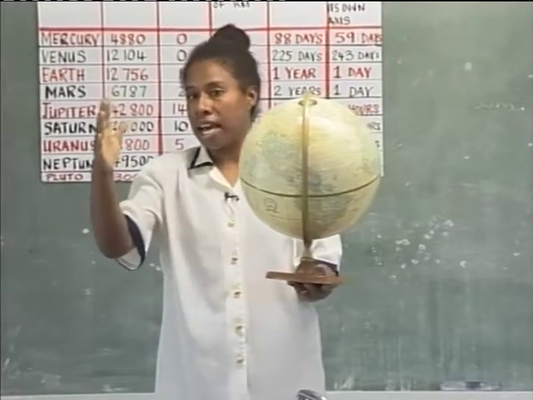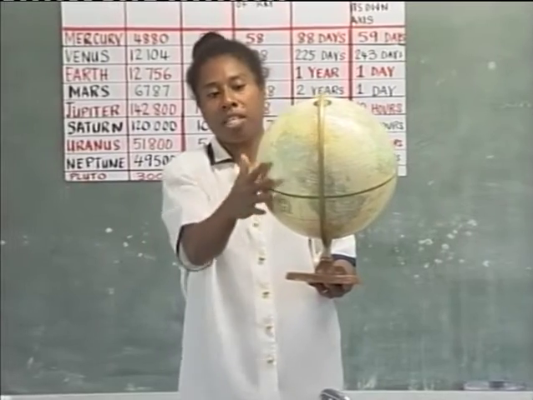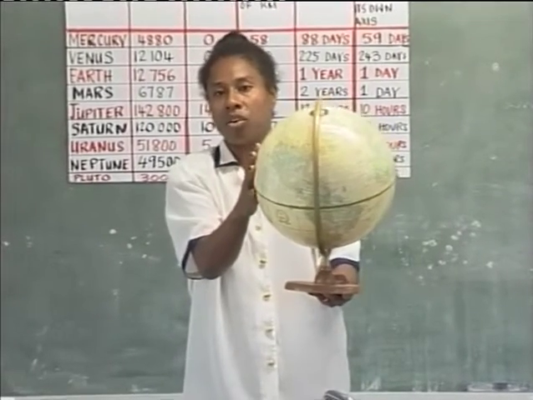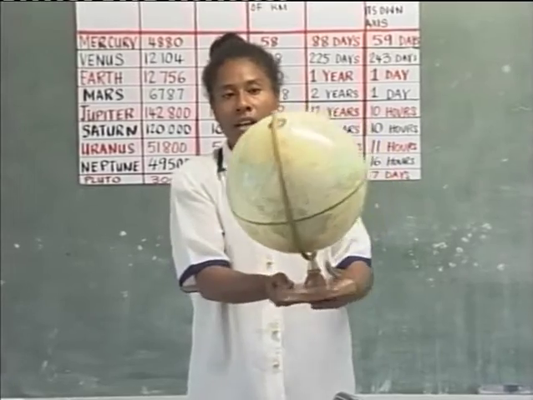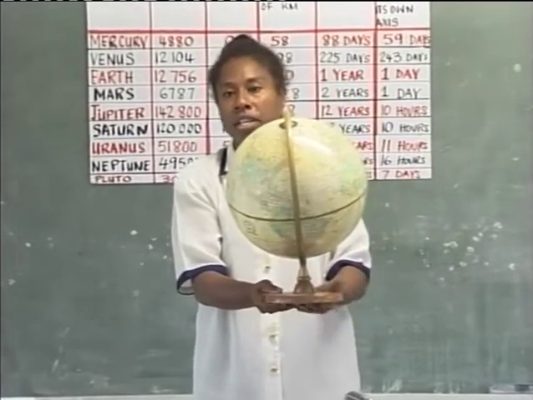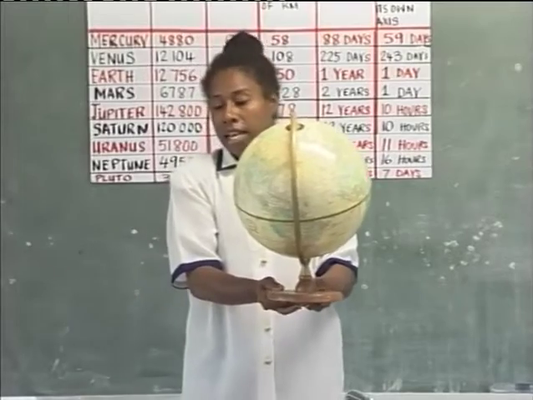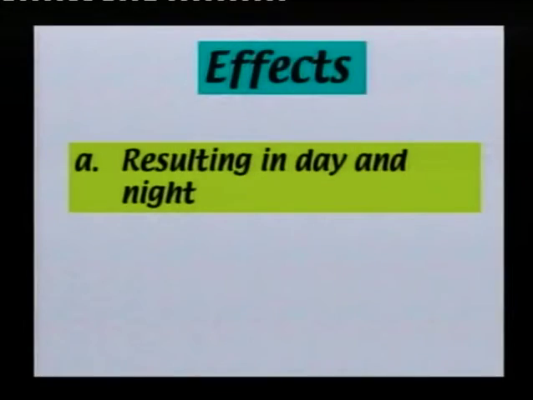So if we had the sun on my right hand, that means that all of these areas here which are facing the sun on this globe would be experiencing day. Meanwhile, on the other side, on the left, all these areas here will be experiencing night. And that is one of the important effects of the movement of rotation.